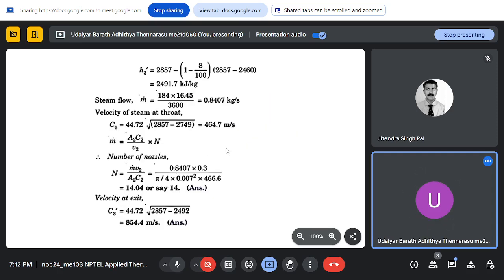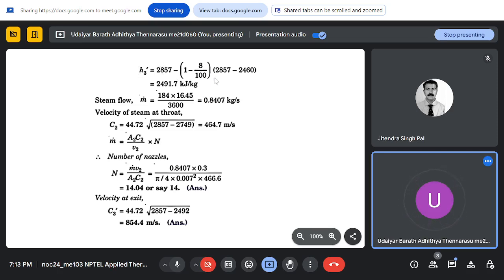Using this we can find h3 dash, again just like the nozzle efficiency. h3 dash is 2857 minus (1 minus 8 by 100). That basically says 92%: the nozzle efficiency is 92%. They have indirectly given that an 8% loss is occurring in the diverging portion, so the diverging nozzle is 92% efficient.